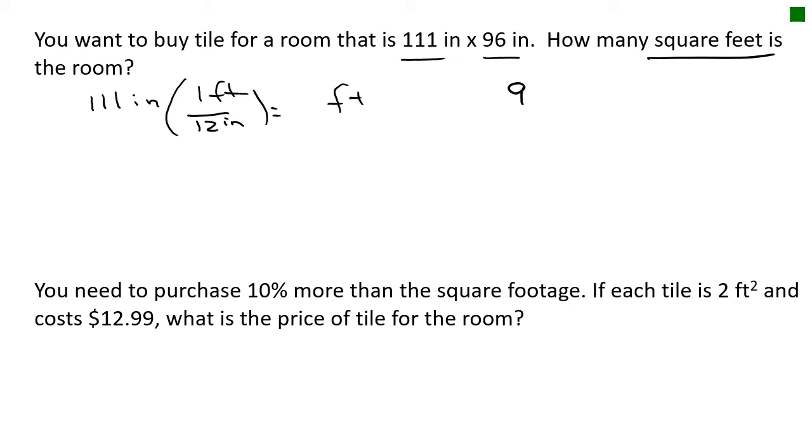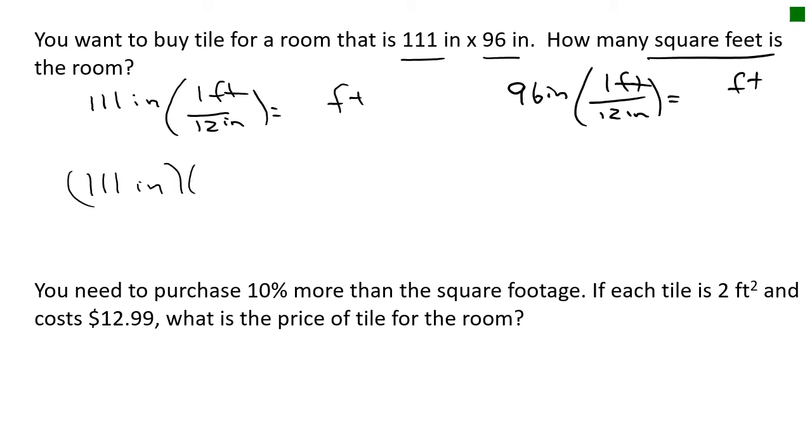And I'm going to take 96 inches and realize that there is 1 foot for every 12 inches and get feet. Or I can take 111 inches and multiply by 96 inches, get a total of 10656 inches squared.